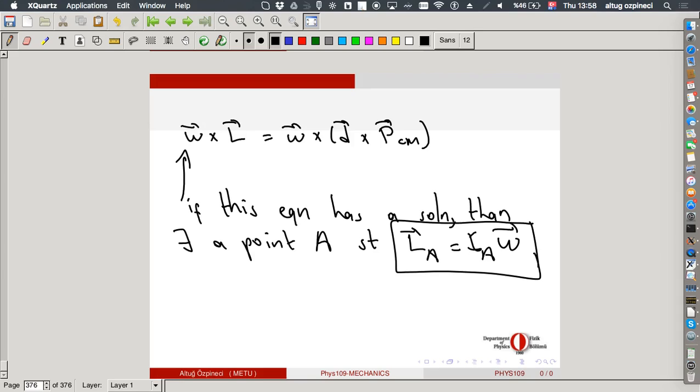Okay, it might exist such a point. So in a sense, you are right. We have this kind of freedom to choose, and we can choose a point such that the angular momentum is parallel to omega, but we don't have to. Depending on the problem, maybe this point is not such a suitable point.